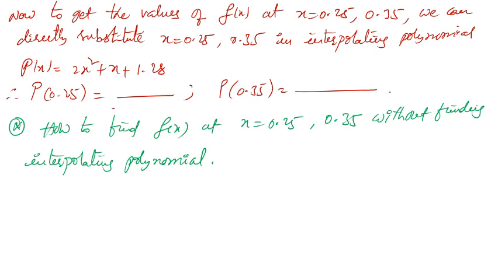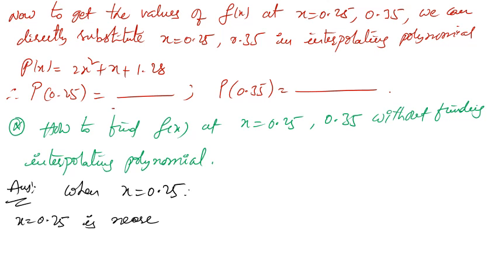For this, the answer is, when x equal to 0.25, now see, 0.25 is nearer to which value? 0.2, nearer to 0.2.